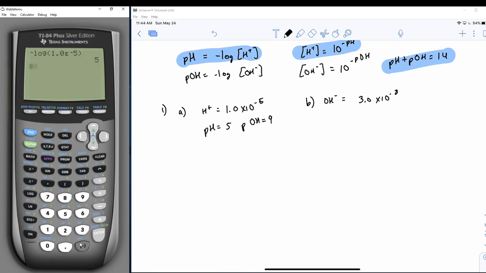So here we would do negative log of 3, second comma, negative 8. Now, because that's OH, what you got in your calculator is your pOH, which is 7.52. Which makes sense because whenever you take the negative log of a number and the exponent is negative 8, the number is going to be a little bit less than 8. So then your pH is equal to 6.48.